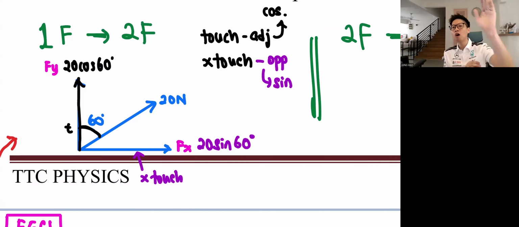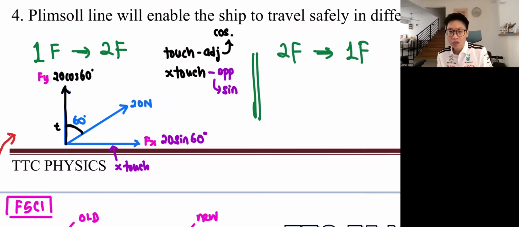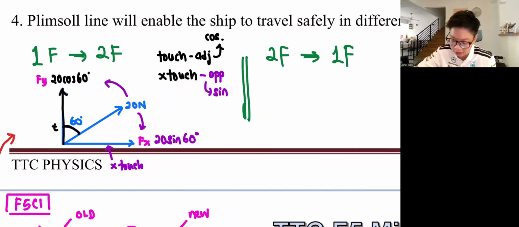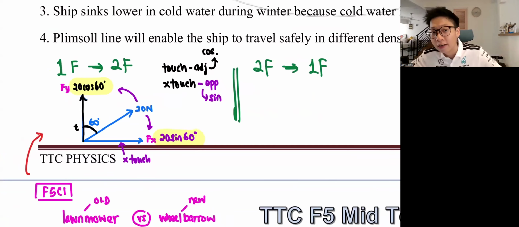We have 20 cos 60 on one side, and 20 sin 60 on the other side. Therefore, from one force, we split them into two forces. To find 20 cos 60 and 20 sin 60, I think most of you should be able to do this. Correct or not? From one force to two forces.